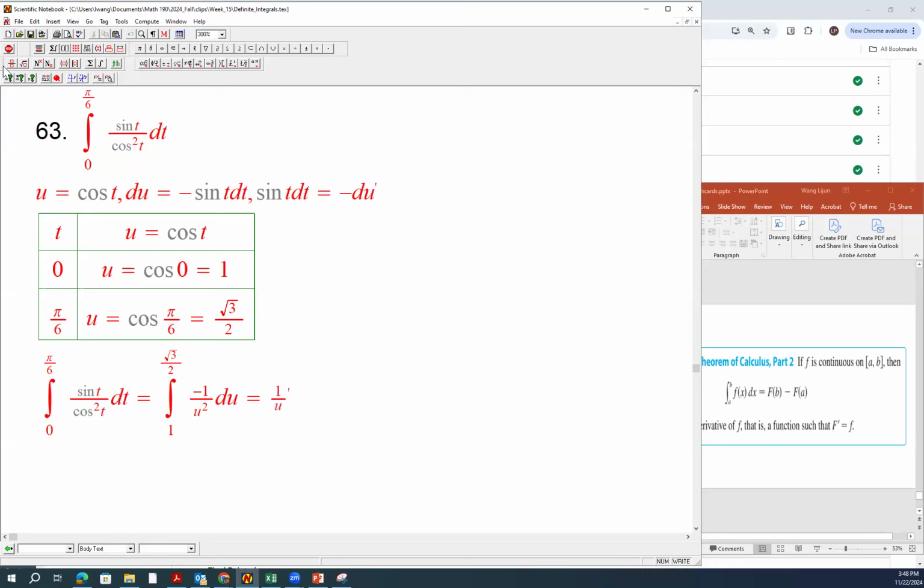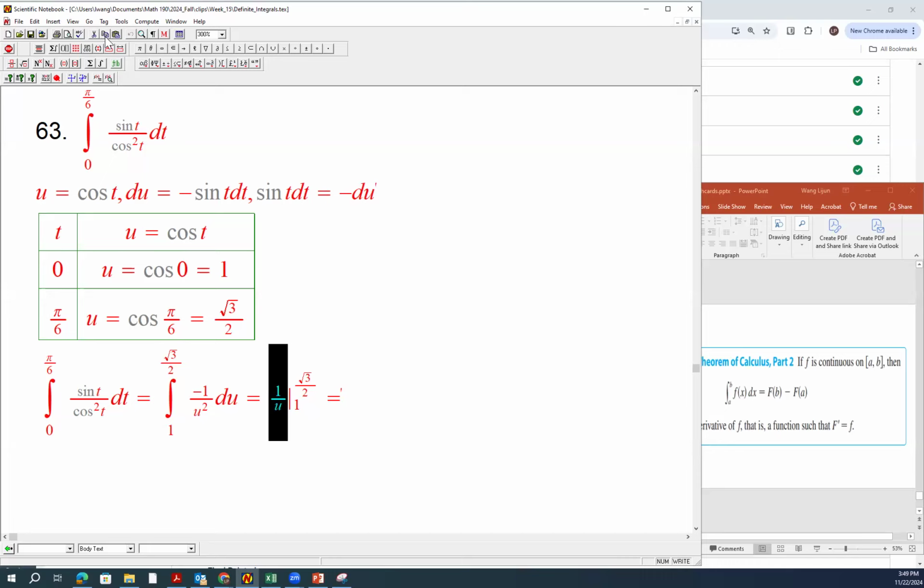You can use the power rule if you want and substitute capital F of A minus capital F of B. Oh, sorry, the lower limit is 1 and the upper limit is root 3 over 2.